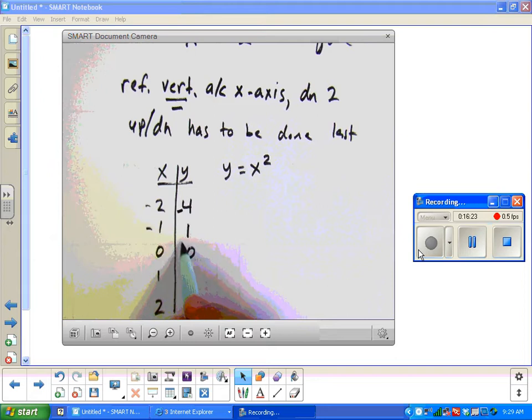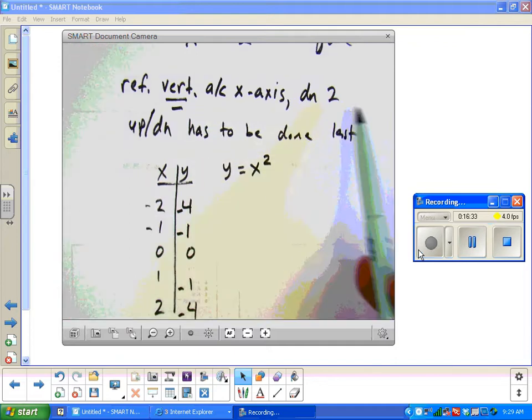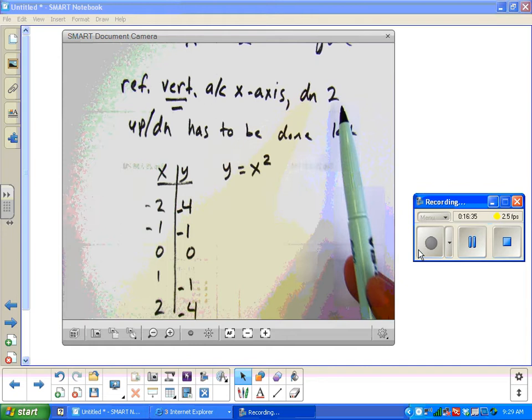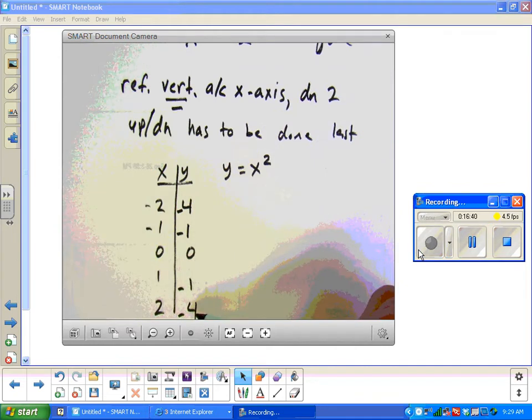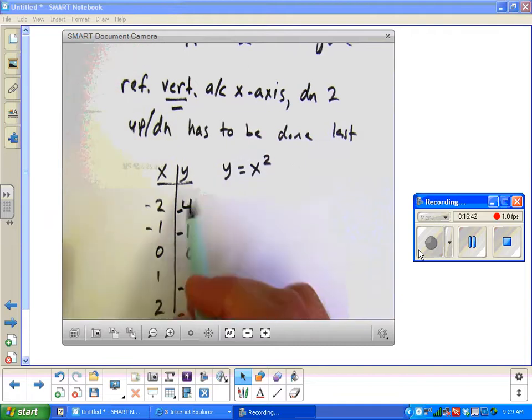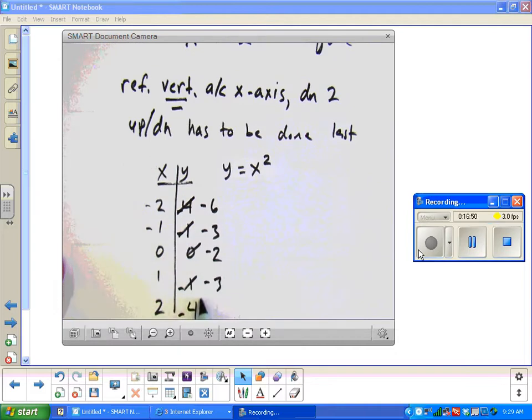And that's why we learn those symmetry rules. They make sense, right? We take an ordered pair, reflect it across the x-axis, you change the sign of the y. Okay? Now, down 2, so that means I'm going to take these y values and subtract 2. Okay, so now this would turn into -6, -3, -2, -3, -6.